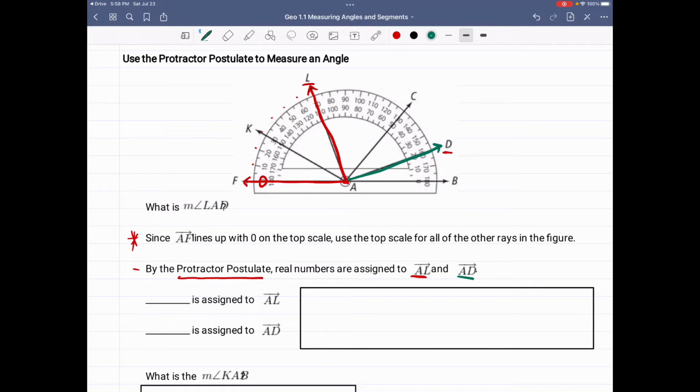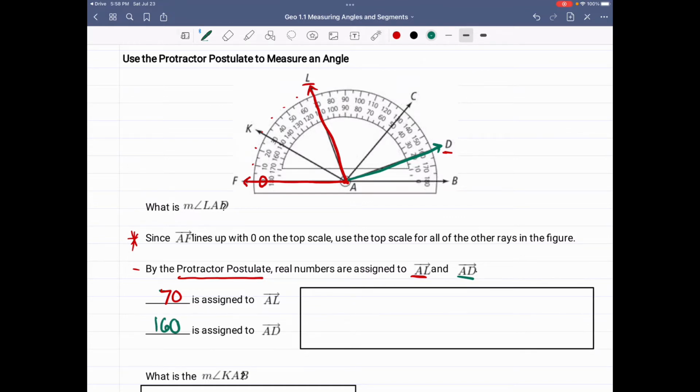So what is AL? What number is assigned to AL? And that would be, I'll do it in red, 70 degrees. And for AD, that is at, and we're going to use the top scale, so the outside, 160 degrees.